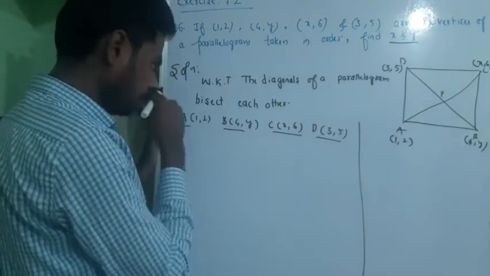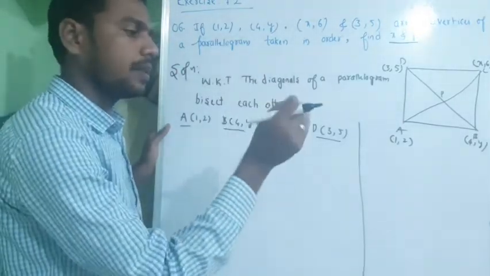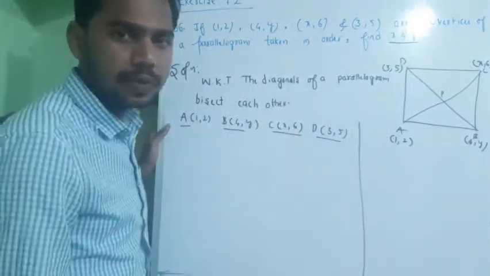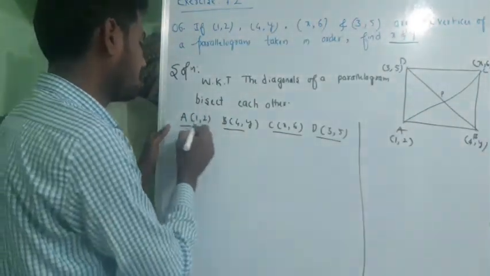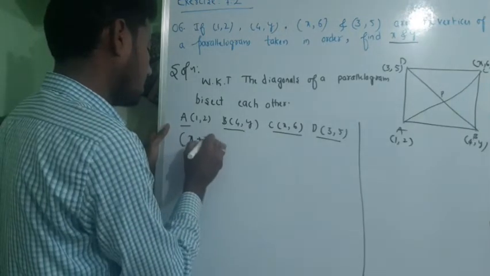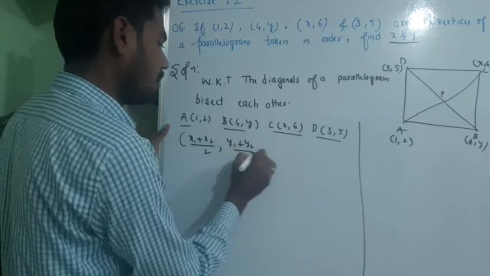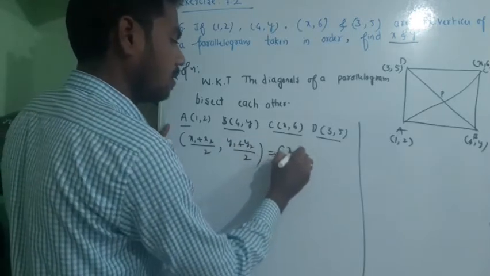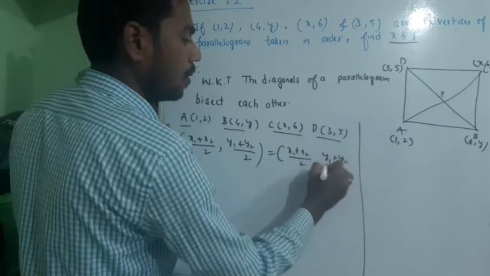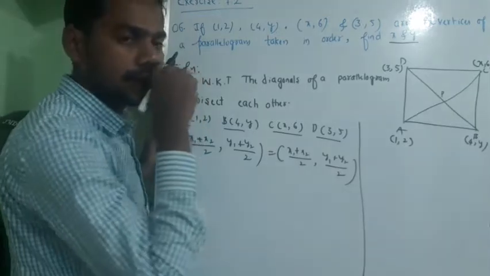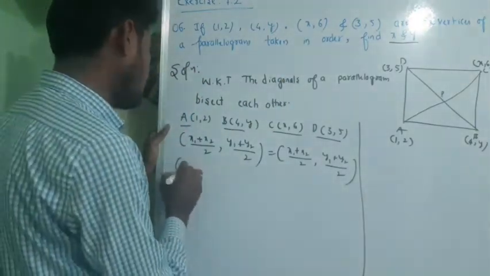Since they are going to bisect each other, if the point is in the middle of a line, which formula are we going to use? (x1 plus x2) divided by 2, (y1 plus y2) divided by 2. That formula we are going to use. (x1 plus x2)/2, (y1 plus y2)/2 is equal to again (x1 plus x2)/2, (y1 plus y2)/2, because the diagonals of a parallelogram bisect each other.